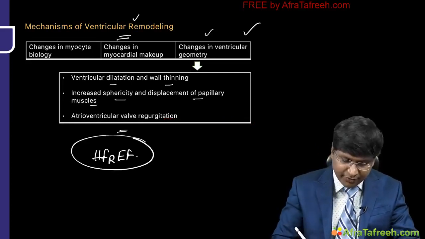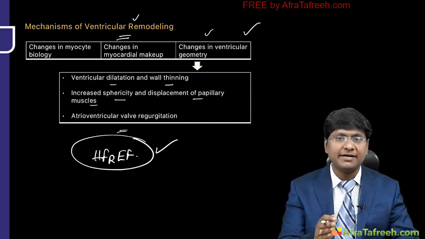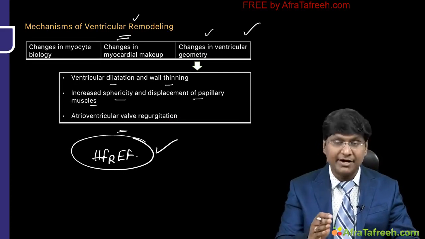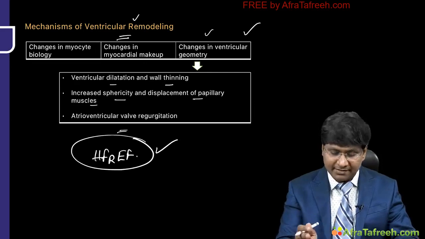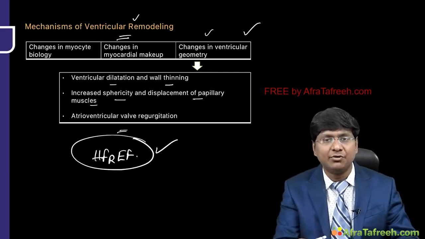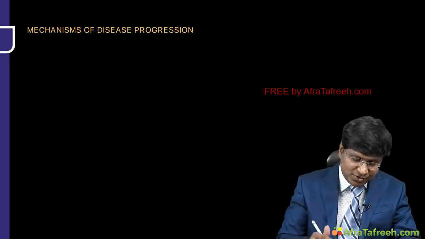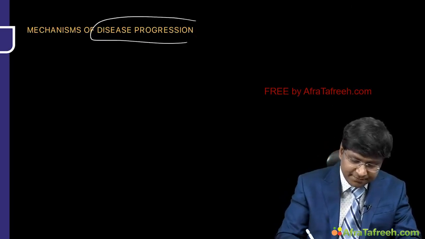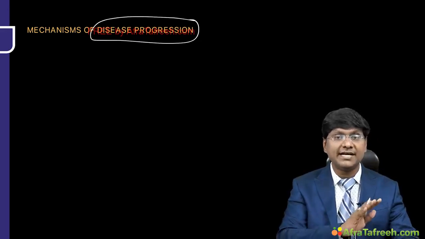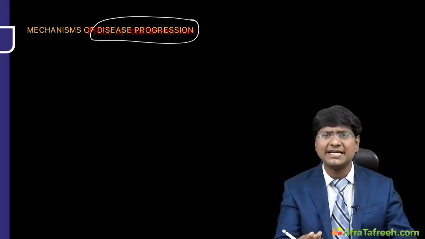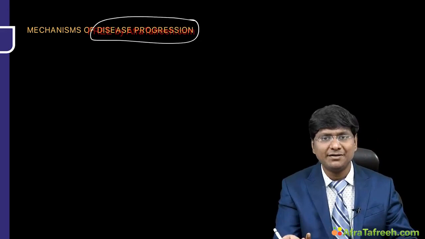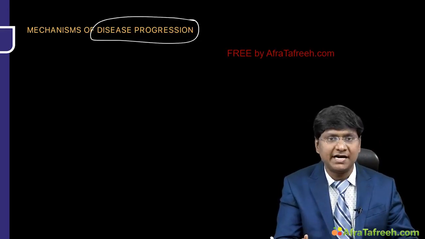These three are the important mechanisms for ventricular remodeling in heart failure with reduced ejection fraction: myocyte biology abnormality, myocardial makeup abnormality, then ventricular geometry abnormality, right? Then if you see the mechanisms of disease progression, whatever we have discussed until now are the changes, and those changes are also responsible for the progression of heart failure.